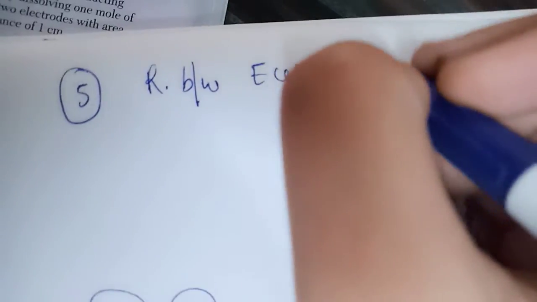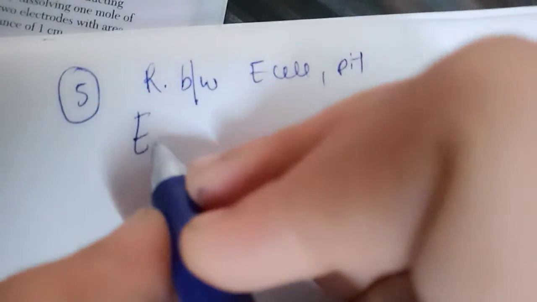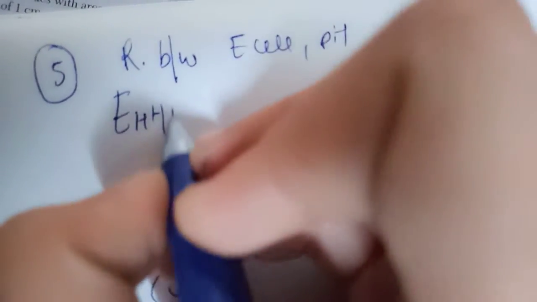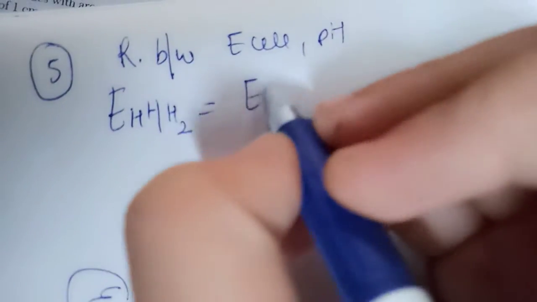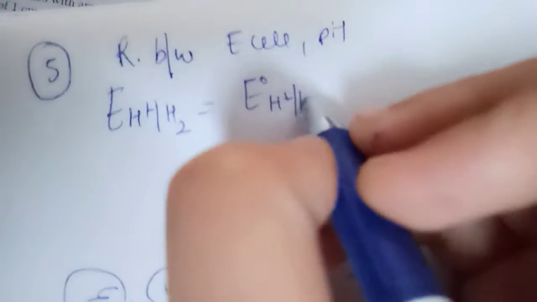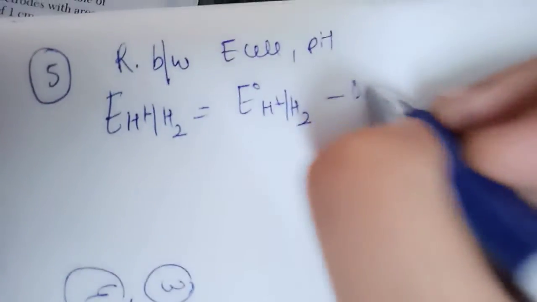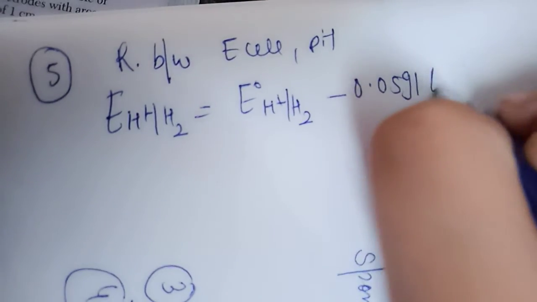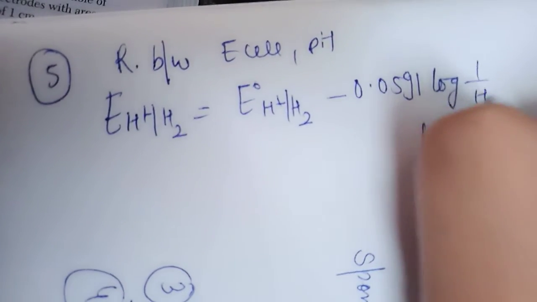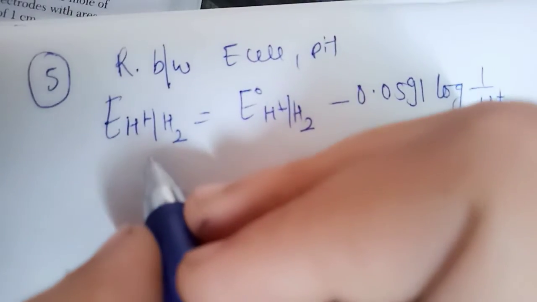And the fifth thing we need is a relation between E cell and the pH. So E of H plus to H2 is equal to E naught H plus to H2, means E naught cell, minus 0.0591 log of 1 over H plus.